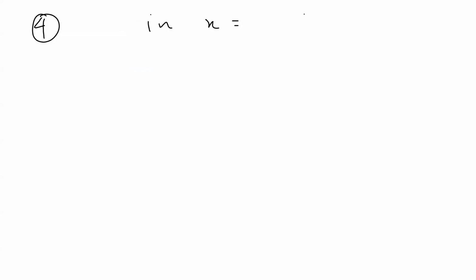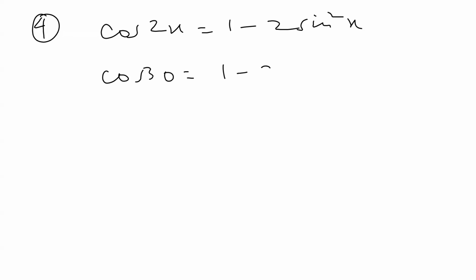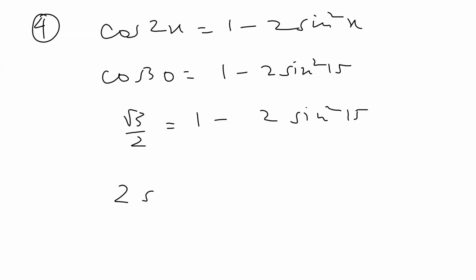Instead, I'll try the cos formula, cos in terms of sine. So cos 30, first I'll just write down the formula, cos 2x is 1 minus 2 sine square x. So cos 30 is 1 minus 2 sine square 15. Cos 30 we know, root 3 by 2. So 2 sine square 15 is equal to 1 minus root 3 by 2.